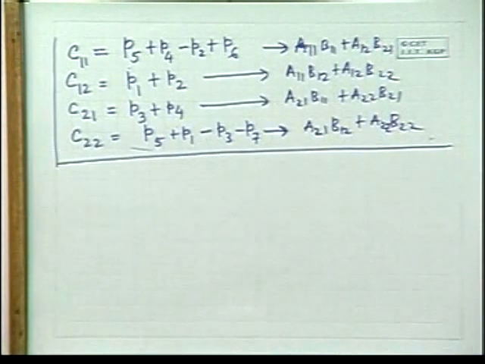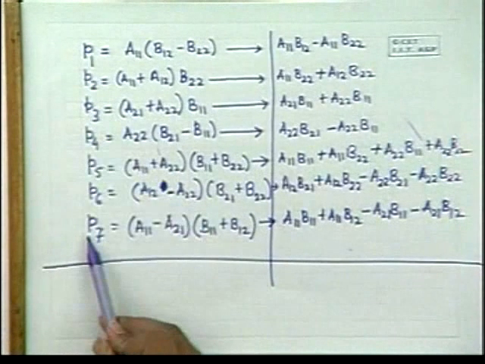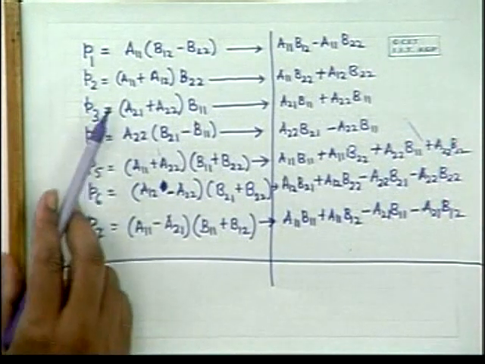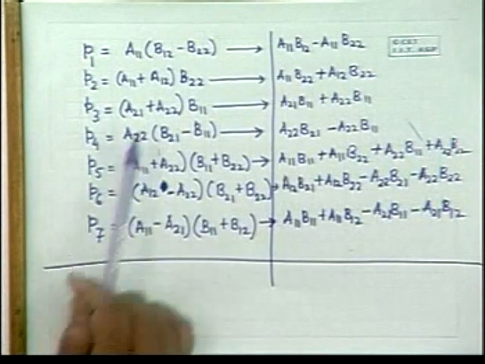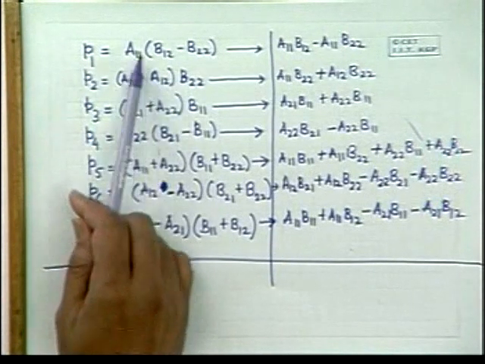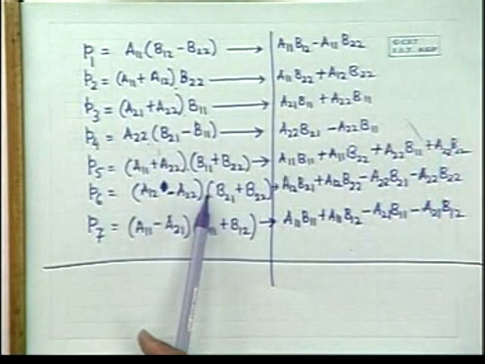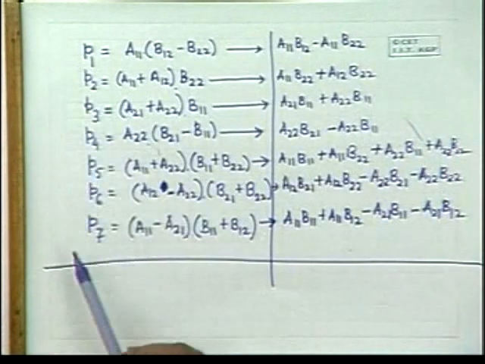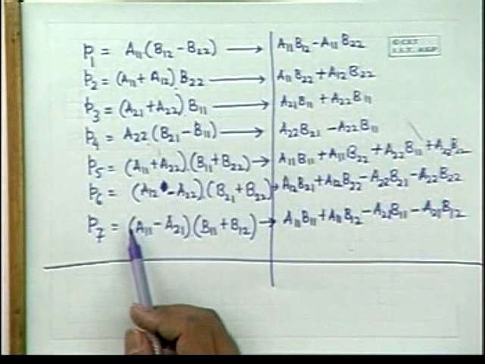Now let us go back to the previous equations. To form the Pi's, we have to give a recursive call to matrix multiplication. How many matrix multiplications are we using? There are 7 quantities we have to compute, and each one requires only one matrix multiplication. Here is 1, here is 1, 1, 1, 1, 1, 1. There are additions, but as I told you, additions are nice.